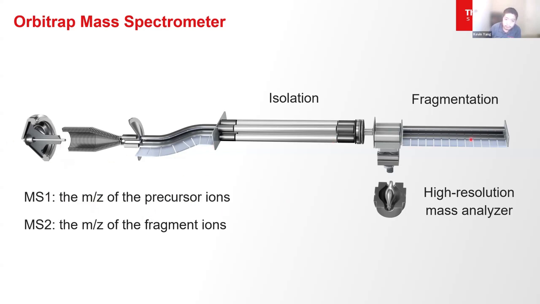So ions will be guided through and analyzed on the high-resolution mass analyzer, the Orbitrap mass analyzer. After that, you will isolate a specific precursor ion or a specific range of precursor ions, right? You use the quadrupole to isolate those ions, fragment them in the collision cell, then guide the fragment ions back to the Orbitrap mass analyzer to acquire the m/z of the fragment ions, or the spectra of the fragment ions.